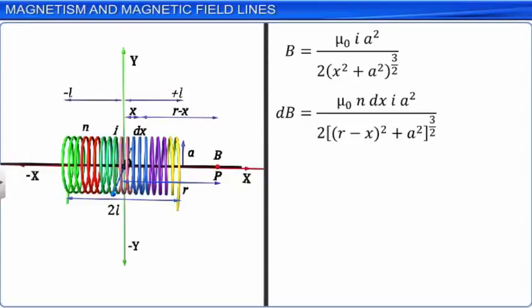and by integrating the magnetic inductions due to all the small elements, we get the total magnetic induction due to the solenoid.